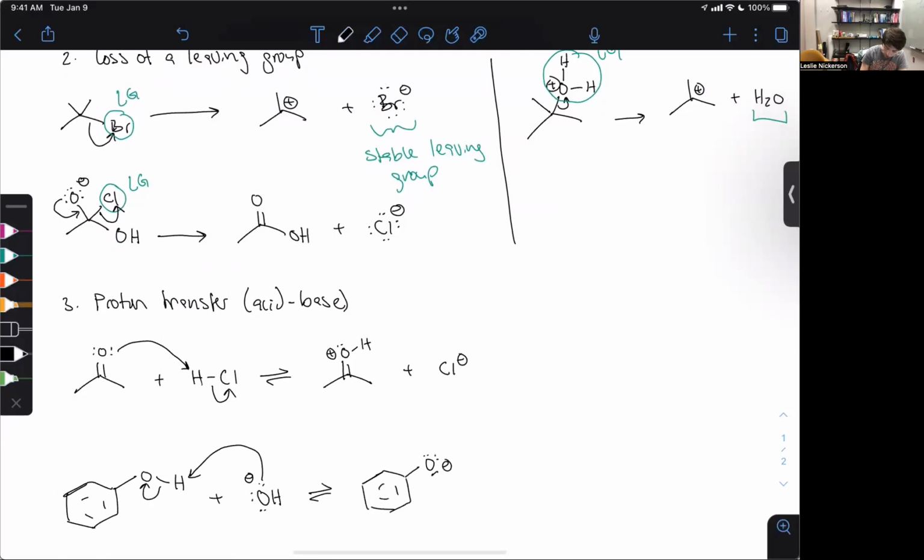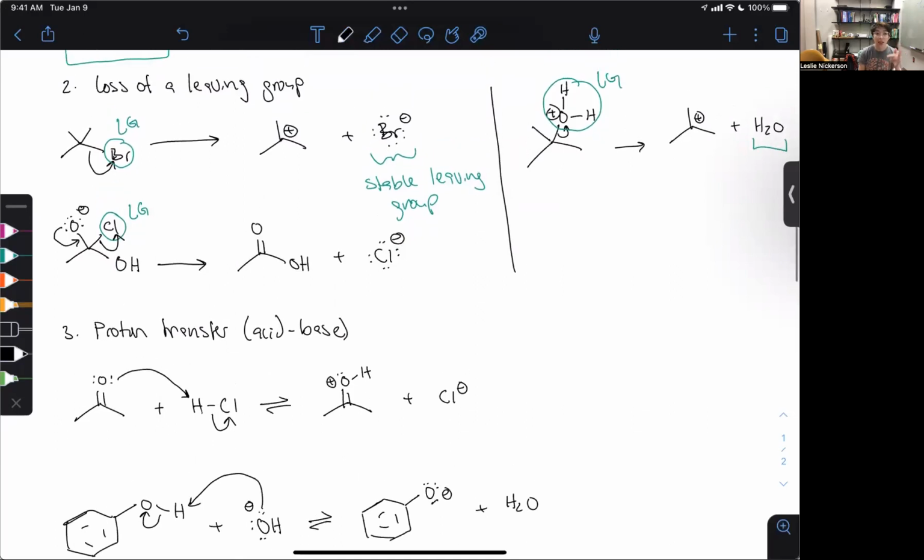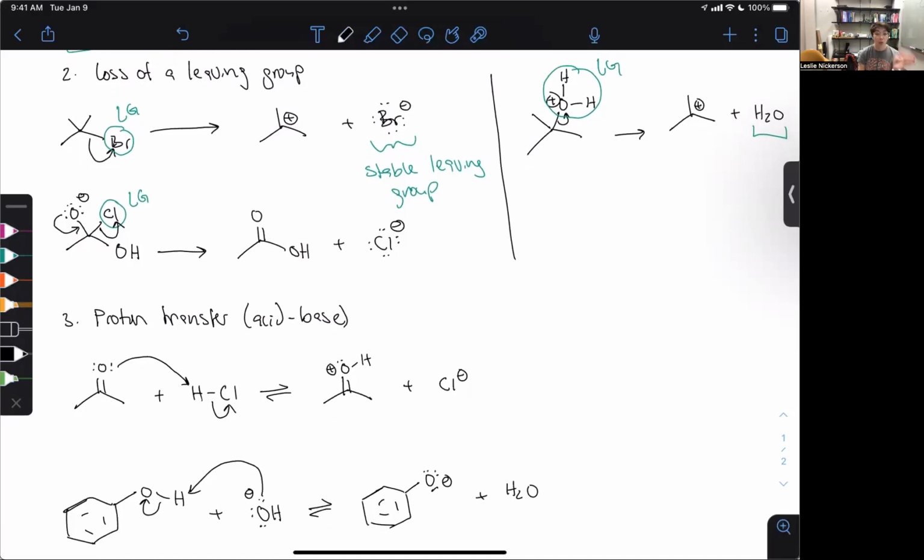Get that as our conjugate base and water as our conjugate acid. And if you look at this, the proton transfer stuff, the leaving group stuff, all of that is just down to thinking about what's positive and what's negative, or what would like to be negative.